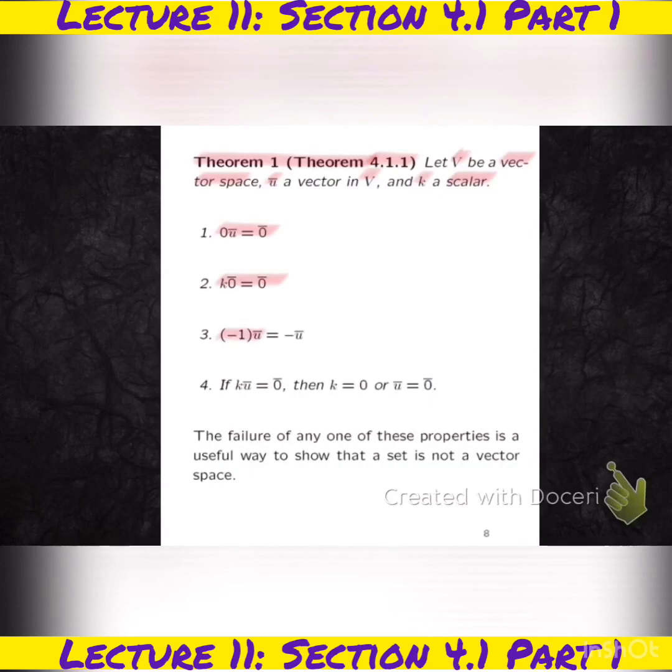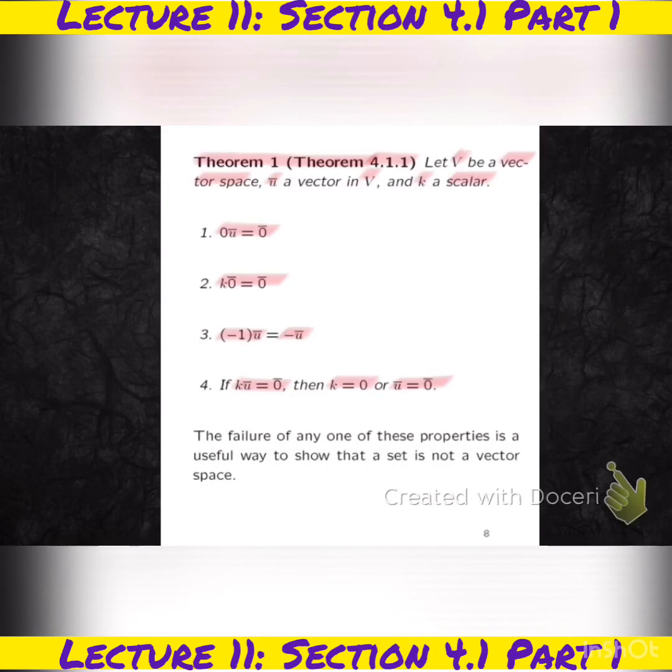The negative of a vector can be written as (-1)u. And if ku is the zero vector, then it means that either the scalar k must be 0 or u must be the zero vector.